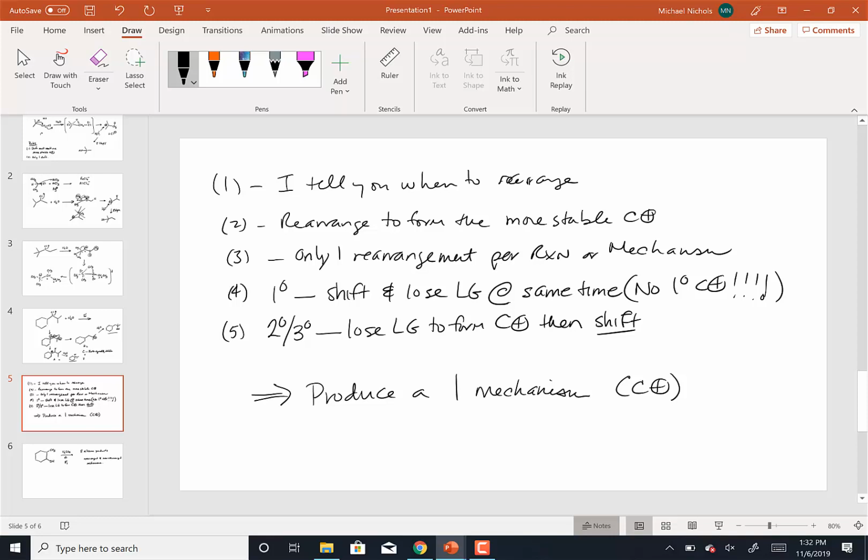And then rule number 3, you only get one rearrangement per reaction or per mechanism. You only get to do rearrangement once. And then our two different cases for a primary system versus a secondary system. The primary, you're going to shift and lose the leaving group at the same time. And you do that to avoid a primary carbocation.